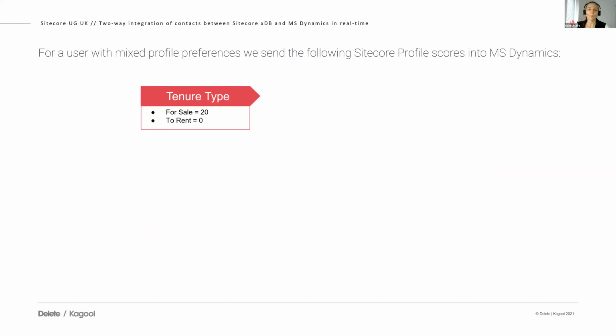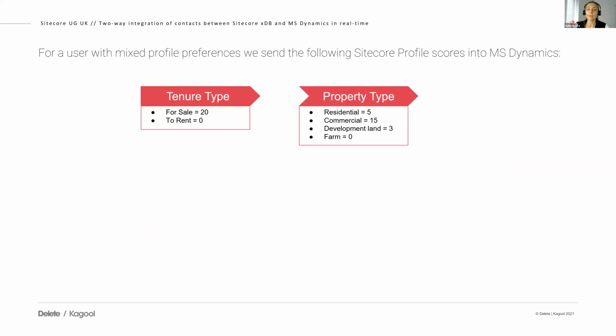In our example, the user is clearly interested in properties for sale. We can see that he has scored 20 points in the for sale profile value and 0 in rent. But the type of property he's interested in is mixed. There is a clear interest in commercial property, a little bit in residential, and some in development land.